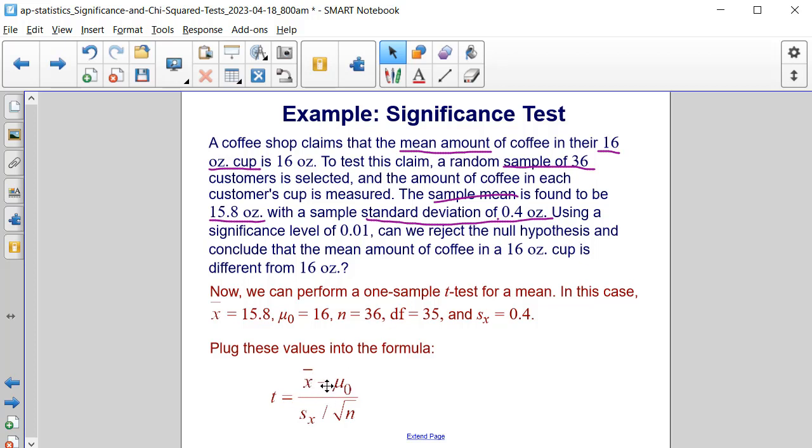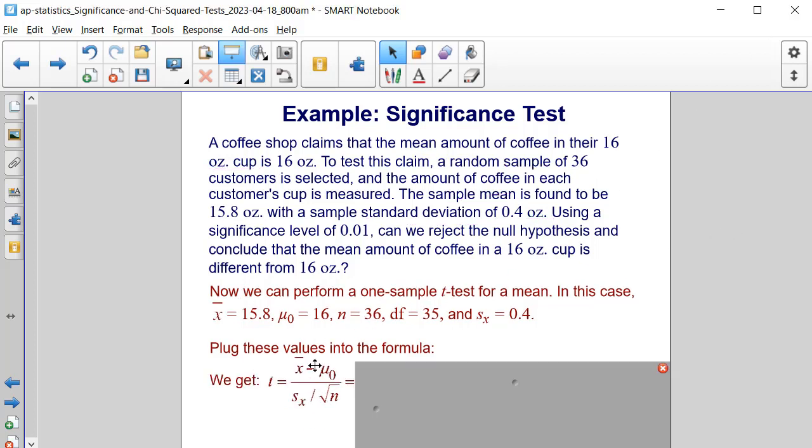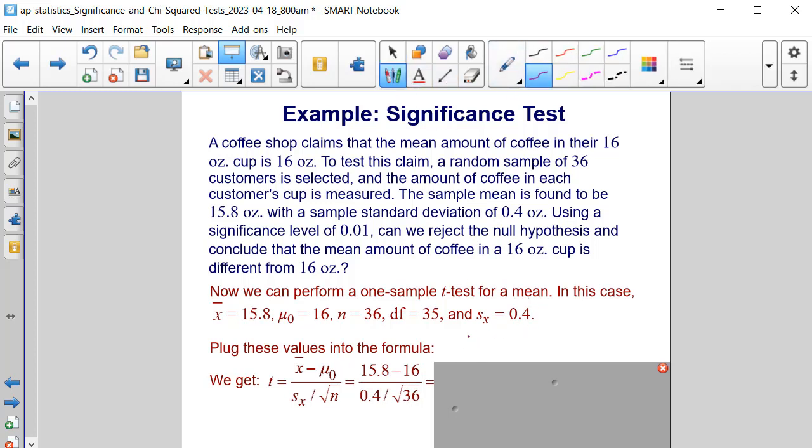our sample mean minus our mean from the null hypothesis, all divided by the standard deviation divided by the square root of n. If we substitute these values into the formula, we end up getting 15.8 minus 16 divided by 4/10 over the square root of 36. And if we actually simplify this, we'll end up getting negative 2/10 in the numerator, and in the denominator, we'll get 4/10 divided by 6.